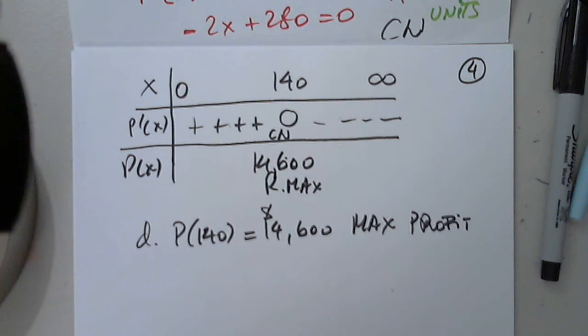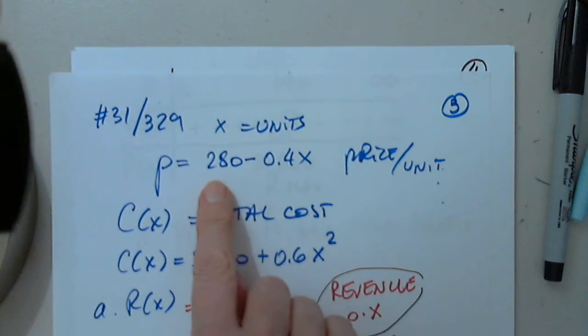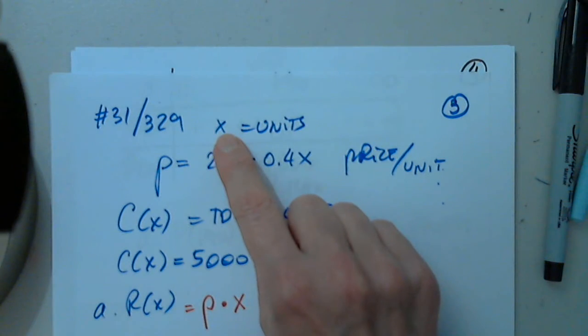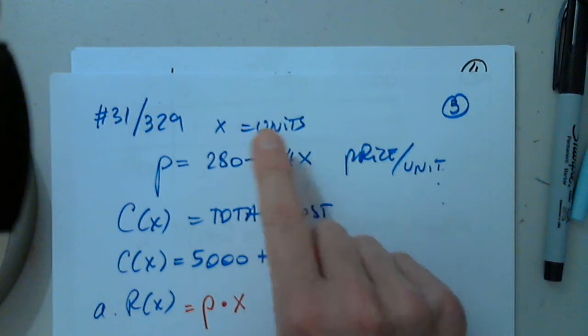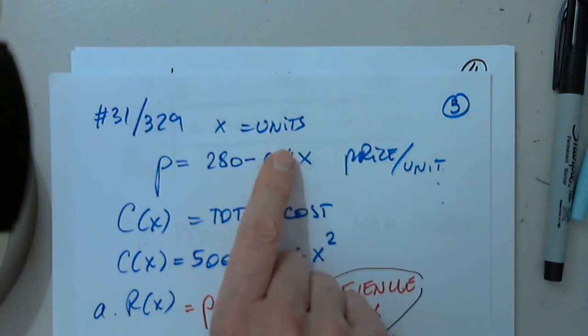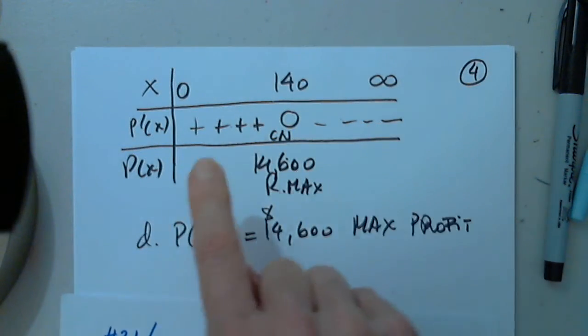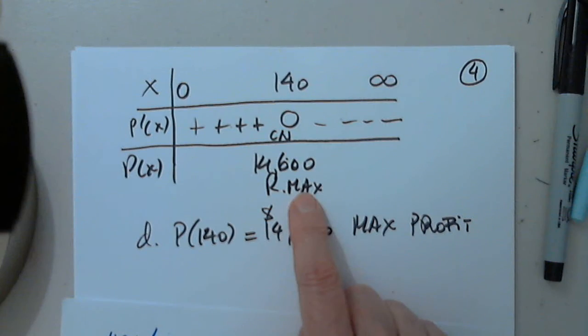Okay, part D. What price per oven will maximize profit? Okay, so remember, this is the formula for the price. We obtained that X has to be 140. So this is the price per unit. I have to replace X by 140 to determine the actual price that is connected to 140 and connected to the maximum profit.